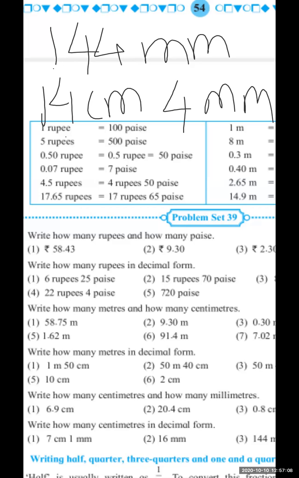Because 1 centimeter is equal to 10 millimeter. Correct, no? 1 centimeter मतलब 10 millimeter. तो 140 millimeter मतलब कितना होगा? 14 centimeter होगा. So 14 is a whole number. 14 centimeter, 4 millimeter. I hope this is very easy. You understood it very well. Okay. So here we finish the problem set 39.